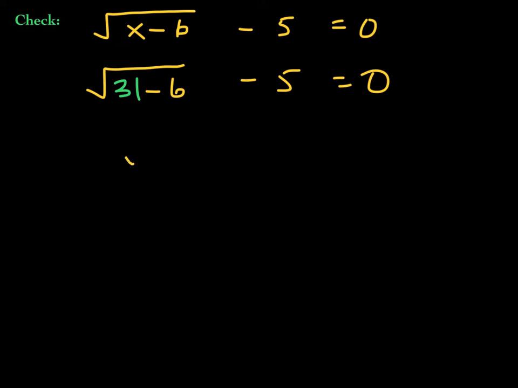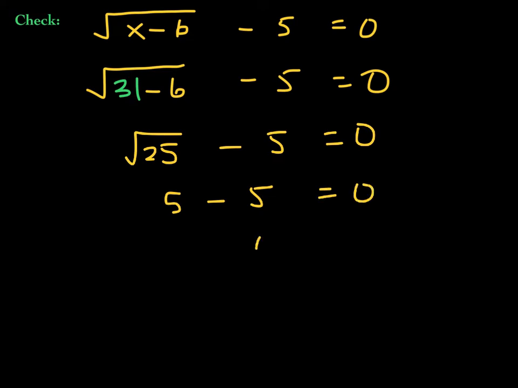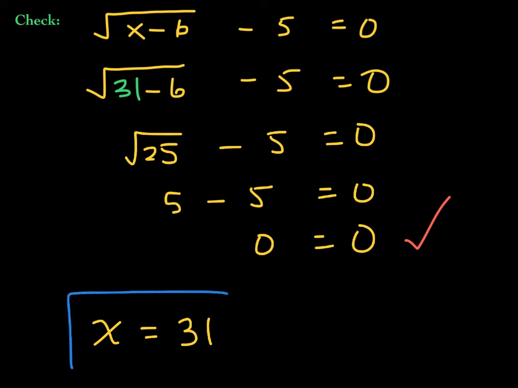This gives us the square root of 25 minus 5 is equal to 0. The square root of 25 is 5. 5 minus 5 is 0. The left-hand side matches the right-hand side, so this is definitely equivalent. So what I can say confidently now, which I could not say before, is that x is indeed equal to 31.